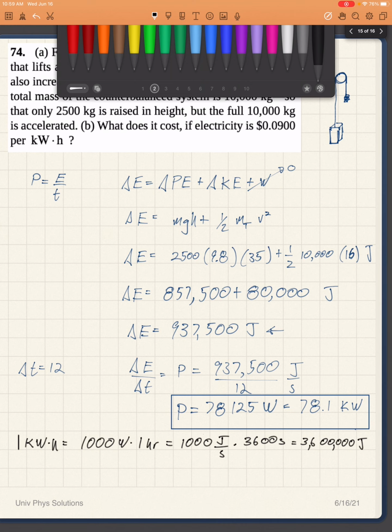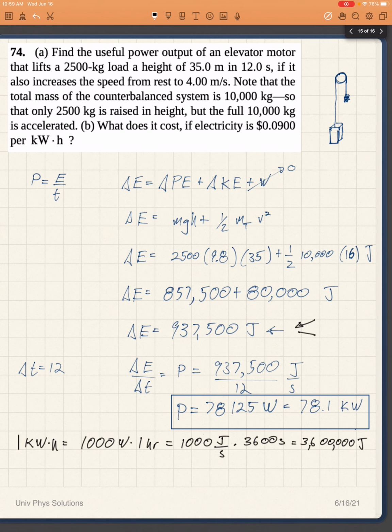Now I know the joules that my operation needed, so now it's just a matter of converting this energy into cost. The cost is $0.09 per kilowatt hour, so it's $0.09 per 3.6 million joules.